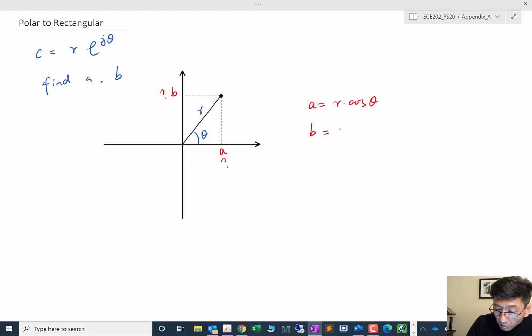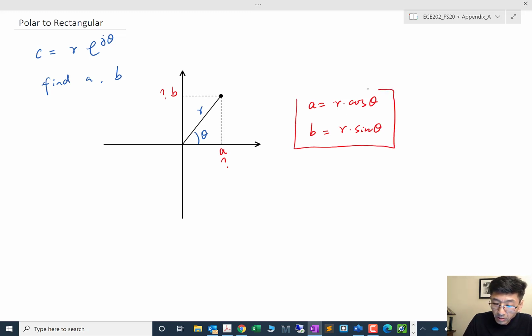And b is equal to R times sine theta. Regardless of which quadrant this complex number is in, this is always correct.